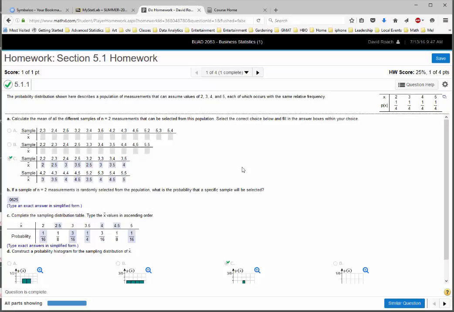So the whole central limit theorem has three ideas. The sampling distribution has the same mean as the population. If you take the standard deviation of the population and divide it by the square root of n, which is 2 in this case, that'll give you the standard deviation or standard error for the sampling distribution.